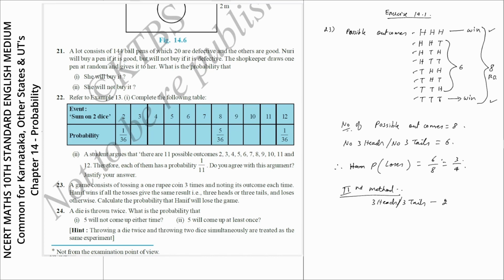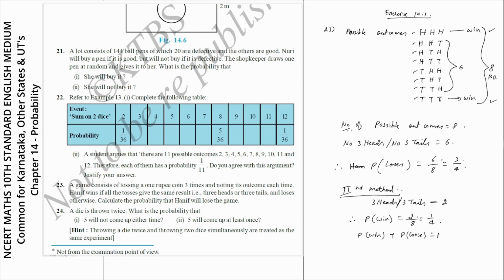So there are 2 outcomes where 3 heads or 3 tails are there. Therefore Hanif will win. Probability that Hanif will win will be equal to 2 by 8, which is equal to 1 by 4.